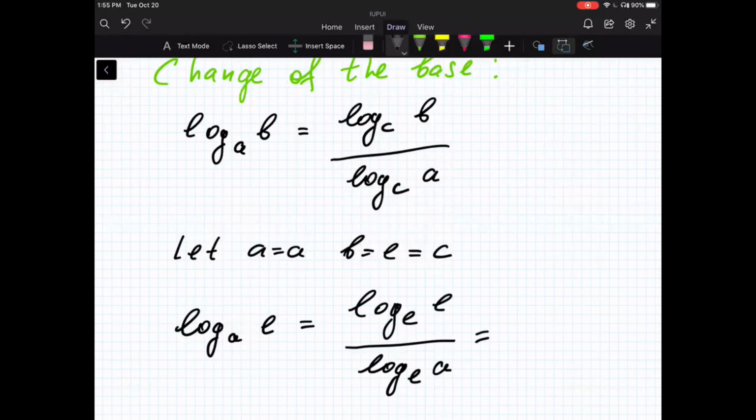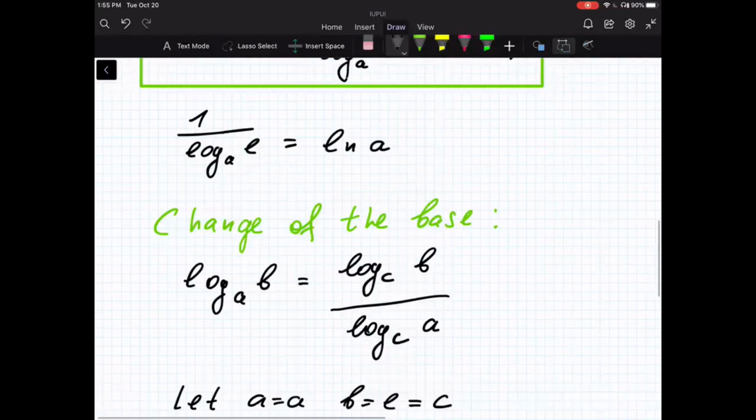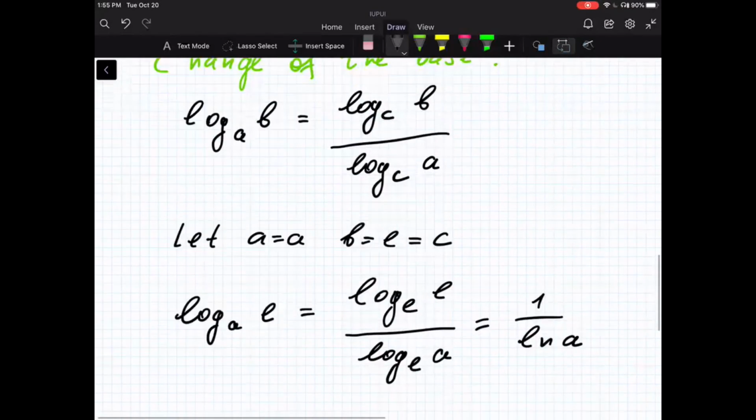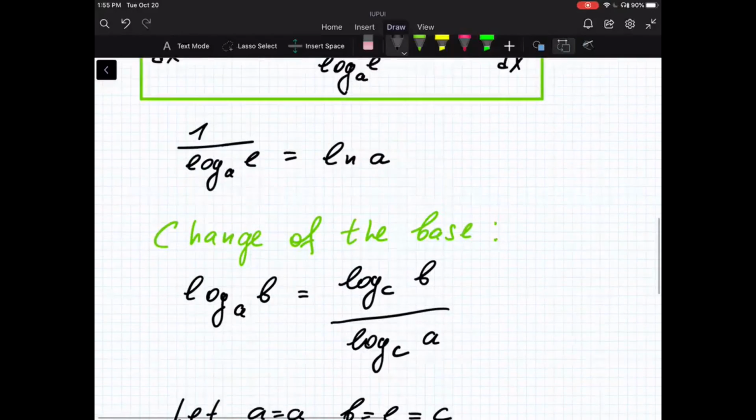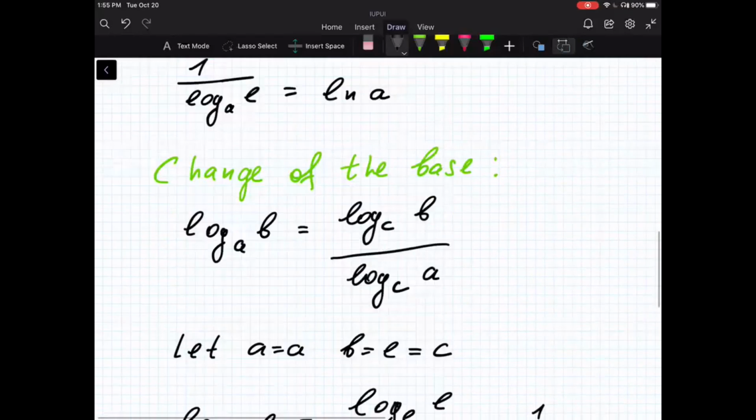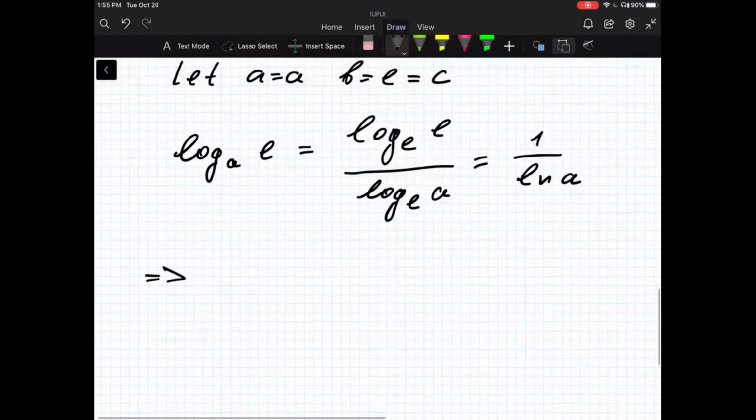But logarithm with base e of e is just 1, while on the bottom we have just the definition of the natural logarithm of a. And so we get that logarithm of e with base a is 1 over the natural logarithm of a, and thus 1 over logarithm of e with base a is equal to the natural logarithm of a.